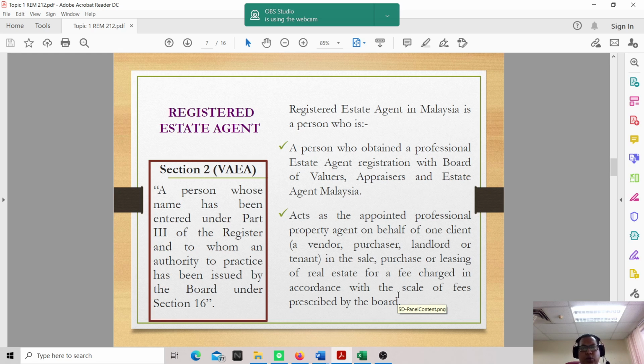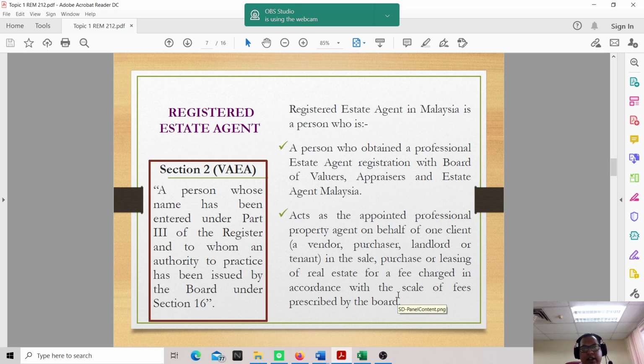What's the difference between a negotiator, a probationary estate agent and a registered estate agent? For you as a negotiator, usually the registered estate agent will take a certain percentage of your fee for his own interest, because he is the boss, the registered estate agent supervising you.